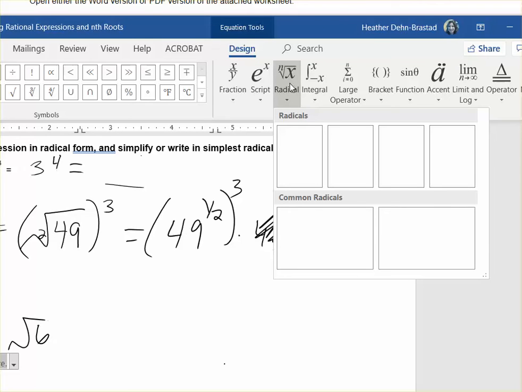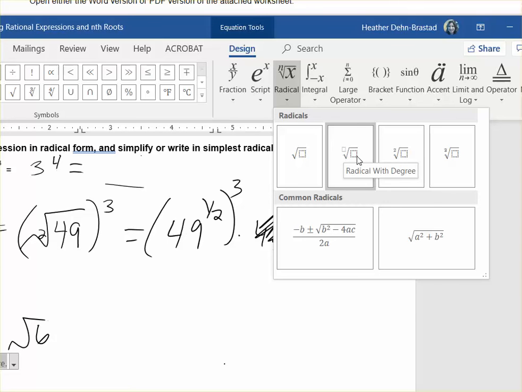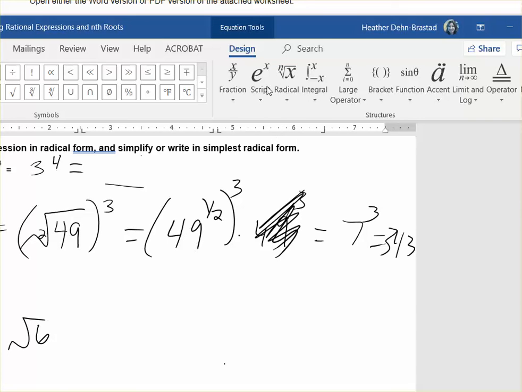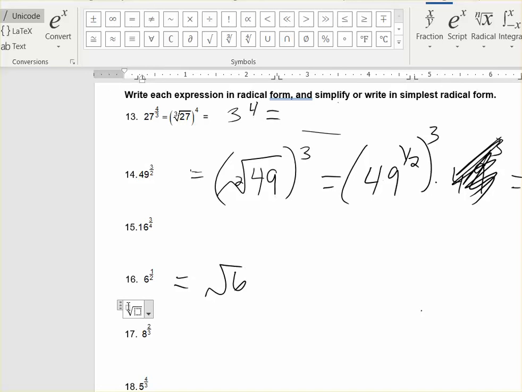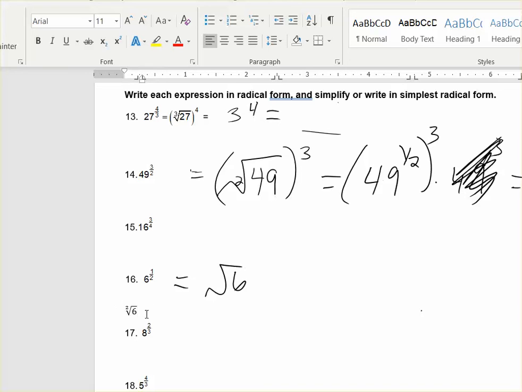And with this radical, you can either do a square root, like if I know I just want the square root of 6, but if you need a cubed root or a fourth root, you can use this. So it looks like this once I insert that, and then this is where you would put your index, like this one is the square root. So I could have just written the square root of 6 for this one, but it's not wrong to put the 2 there. We just don't have to do it.